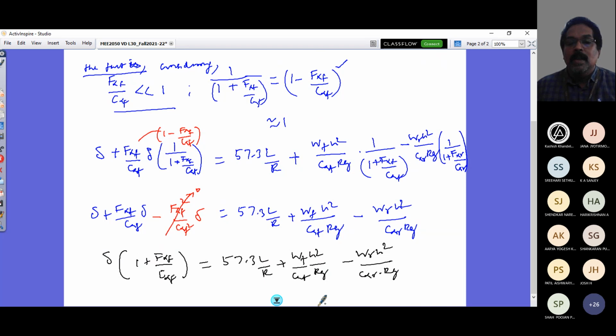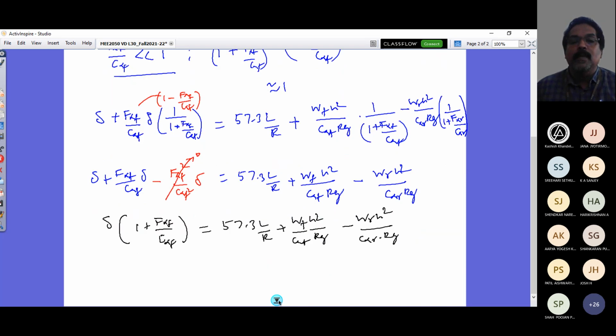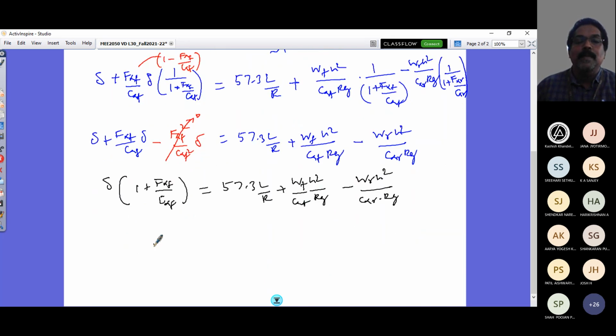Now I will bring only delta on the left hand side, and bring this down to the other side. So it's going to be 57.3 L by R divided by this factor 1 plus Fxf by C alpha F.